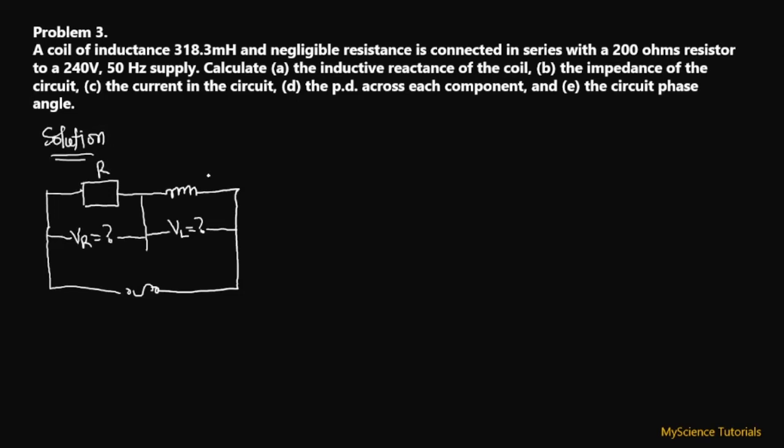This is our resistor, this is our inductor L. The current I we also don't know, but we know that the voltage is 240, and the frequency is 50 hertz. We also know that the resistance is 200 ohms, and the inductor is 318.3 millihenry. All right, so this is how our circuit diagram is going to look.